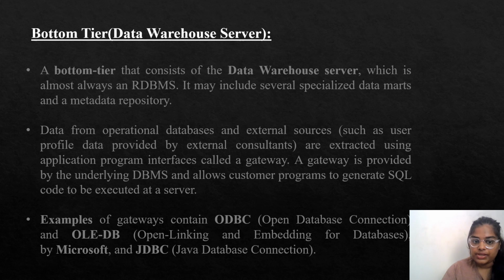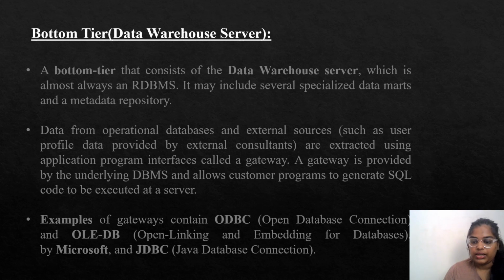The basic examples of gateways are ODBC, OLEDB, JDBC, Microsoft, and so on. So the bottom tier is the extraction of data from the external sources or wherever the data is available. It generally extracts the data, cleans the data, and gives the correct data to the middle tier, which has the OLAP server. That is the work of the bottom tier.